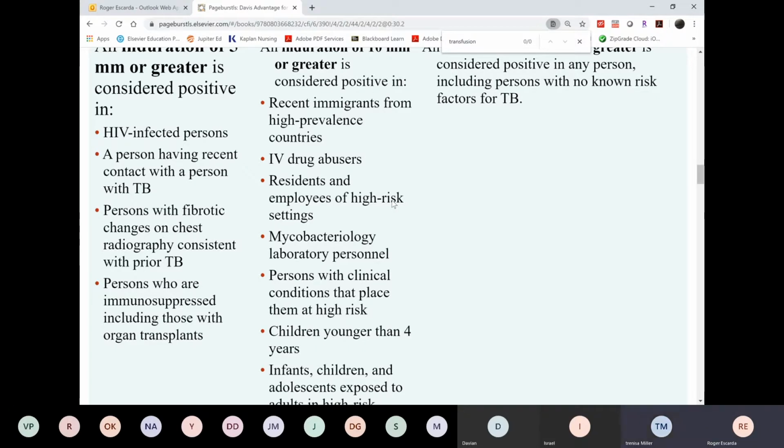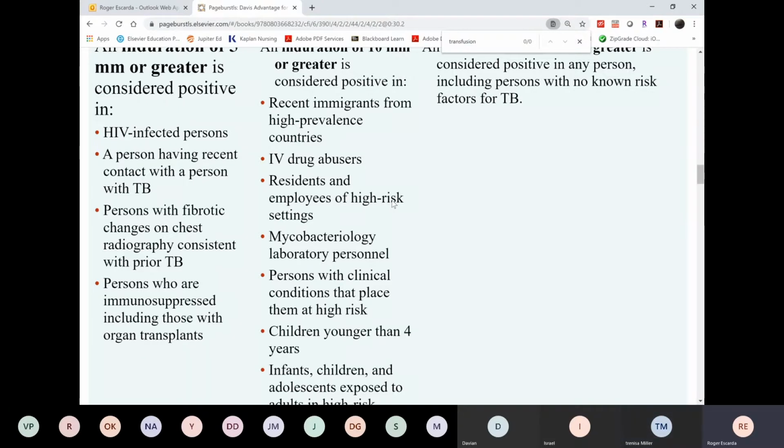Also among IV drug users, residents and employees of high-risk settings. High-risk settings are nursing homes, rehab centers, mental health centers, homeless shelters, prisons, and similar close space, very high population facilities. Those are high risk settings.